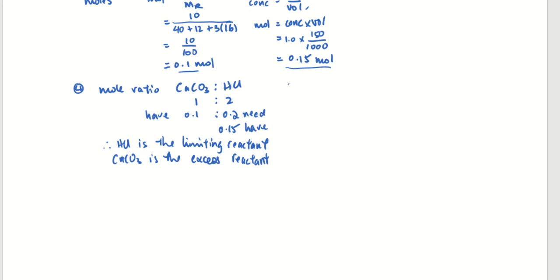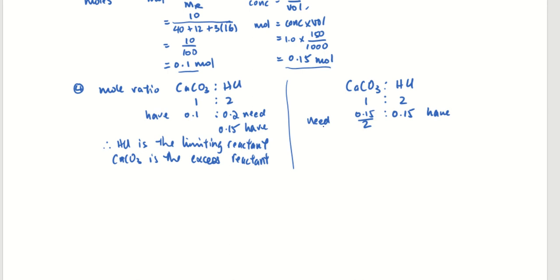Again, I would like to show you that we can do it the other way as well. If we started off with hydrochloric acid, now we know that the mole ratio is 1:2 and that we have 0.15 mole of hydrochloric acid. Now at a ratio of 2:1, we therefore need 0.15 divided by 2 mole of calcium carbonate.